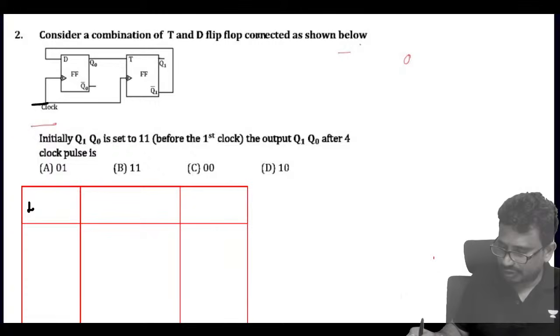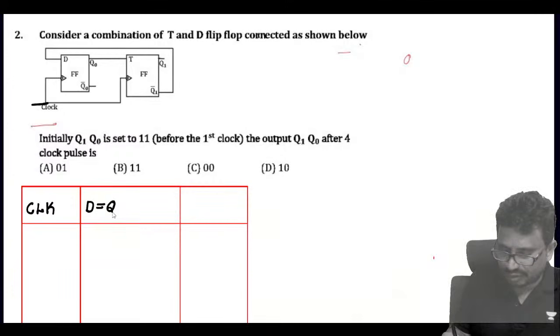Now you can see this is my clock. We have a D flip-flop here, and D is given as Q1 bar, and then the T flip-flop, which is given as Q0, is connected.